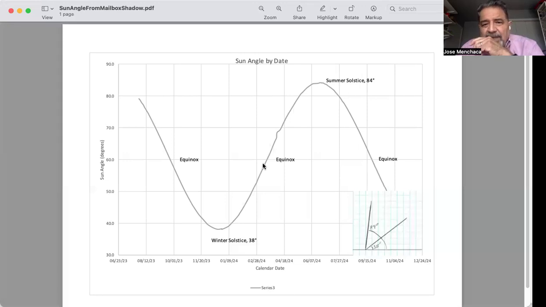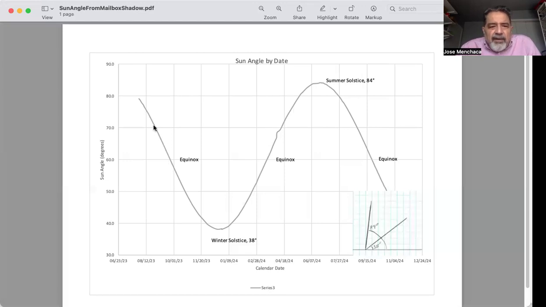There's just an error in data taking on my part. The sun doesn't suddenly move, but as a scientist, you don't delete data to make your data look good. You just admit that you probably made an error on that particular day. But this is what the sun angle looks like.